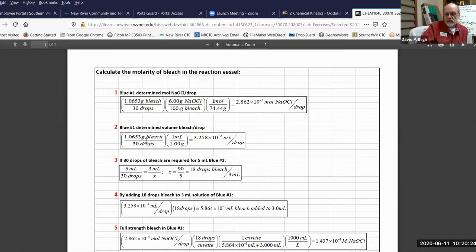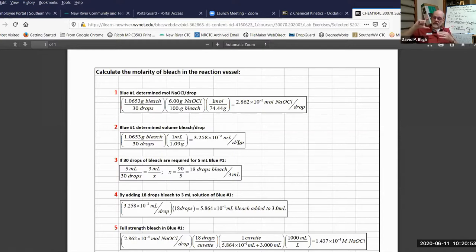That will give you the mass per drop, and then we convert with the density of 1.09 grams per mL to how many milliliters are in 1 drop. Because when you add so many drops to your reaction vessel, the final concentration is different because you added a diluent. You changed the volume. So you need to know exactly how much volume you added.